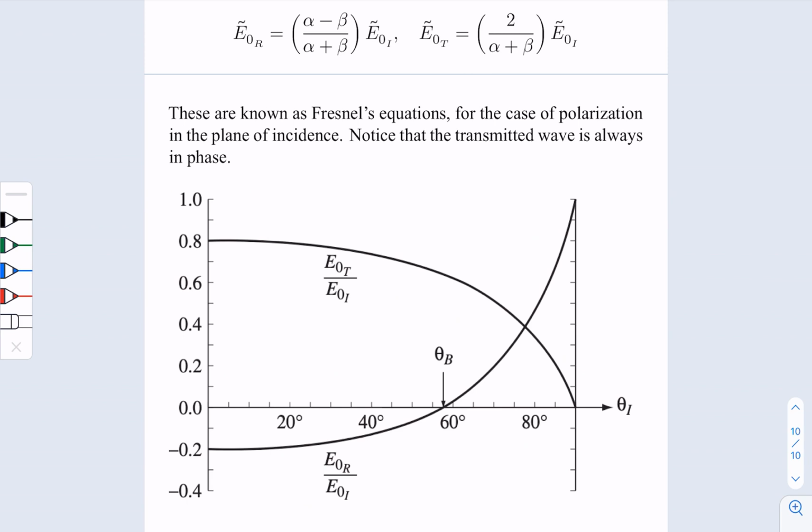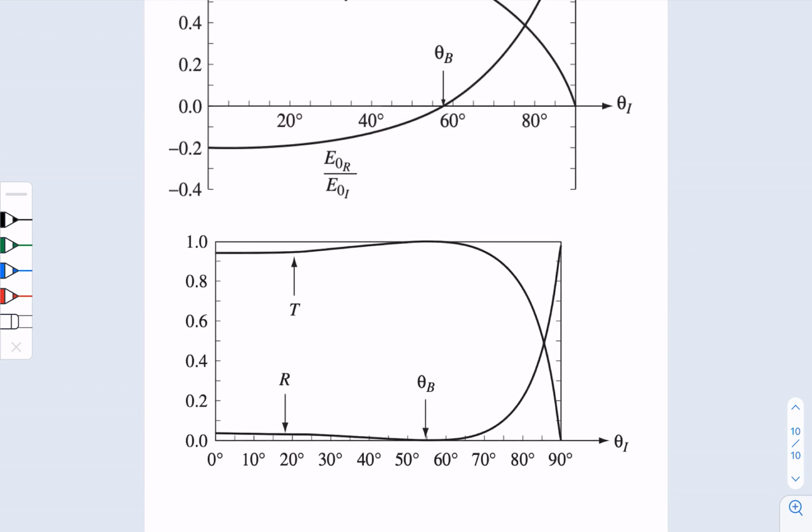And now if you do this experiment again using polarized light, you can verify the equations here, and this also means that the Maxwell equations can be checked to an extent at the boundaries of two media.